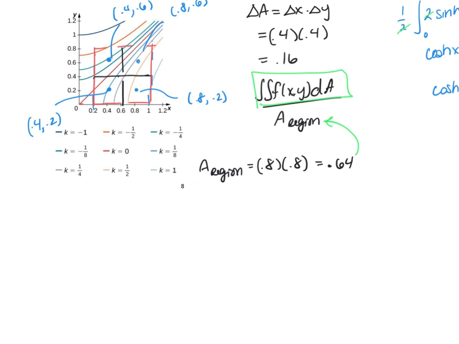So I know what my delta A is, and then it's going to be multiplied by, and this would normally be my f of 1, 1, plus my f of 1, 2, plus my f of 2, 1, plus my f of 2, 2. Now, I don't know what my f is, so I have to figure it out by my level curves, and I'm going to go to the closest one to my ordered pairs.